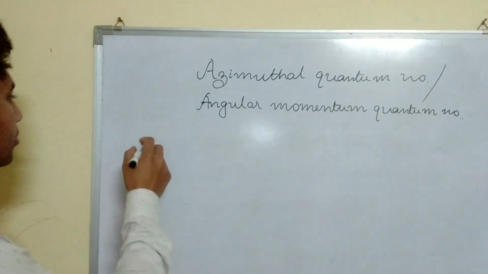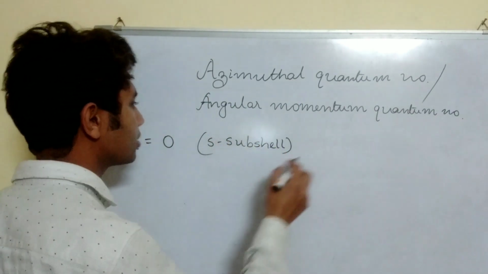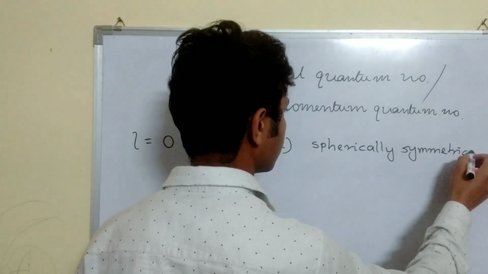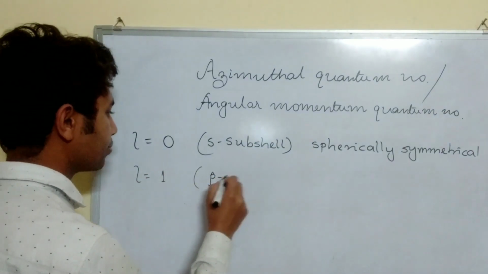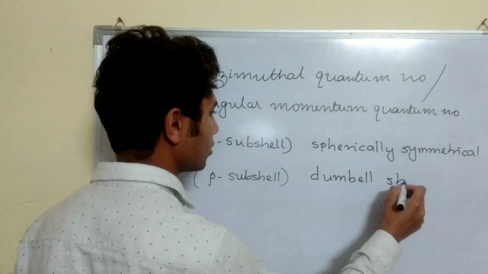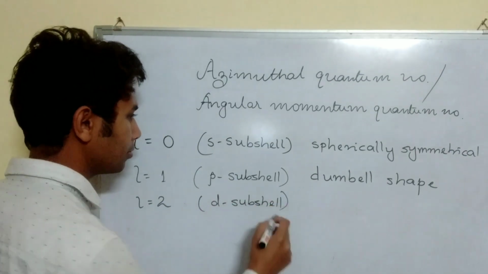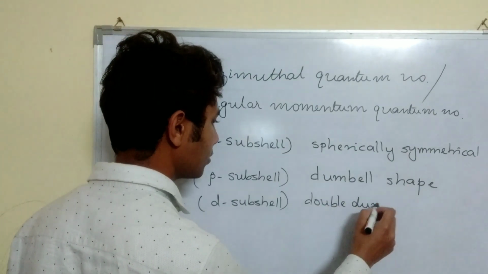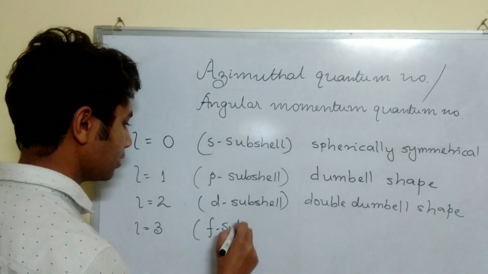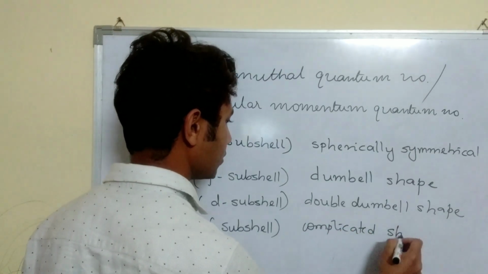So students, here we see l equal to 0 means s subshell, which is spherically symmetrical. l equal to 1 means p subshell, which has a dumbbell shape. l equal to 2 means d subshell, which has a double dumbbell shape. l equal to 3 means f subshell, which has a complicated shape.